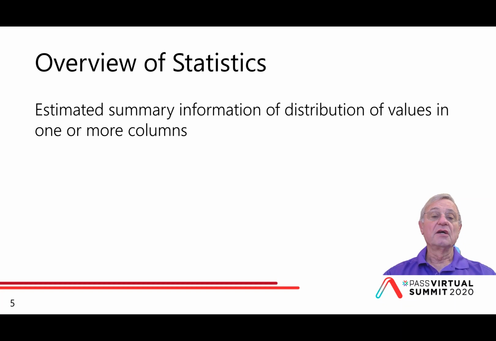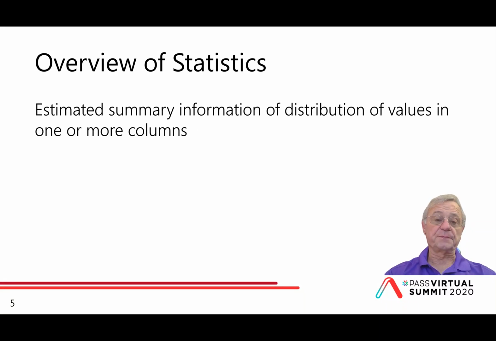Summary. The statistics histogram, which is the most important part, in my opinion, of the statistics, has 200 steps. It can only consider 200 different values in a given column. And if you have a table with millions and millions of rows, those 200 steps are an attempt to give you that summary of how the data is distributed. And the distribution is the key word there.